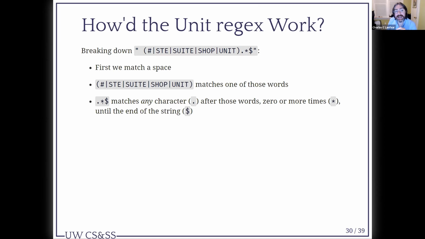I then say asterisk. So this says match literally any character, literally as many times as imaginable. If there's some data entry in here and one particular street is like unit followed by the entire contents of the dictionary afterwards, it's going to match the entire thing after unit. Okay, so we would have successfully taken the dictionary and deleted everything that occurred after the word shop. Okay, it would do it and it would work.